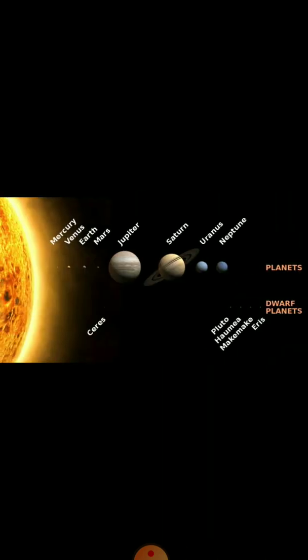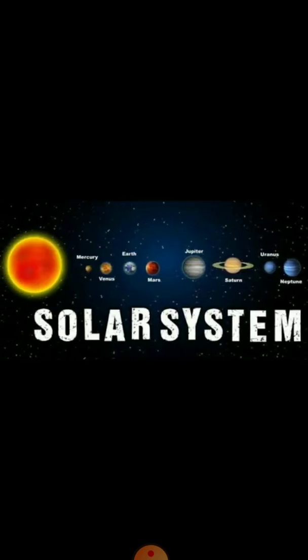All planets are spherical in shape, but they are made up of different sizes and compositions. In order of distance from the Sun, they are Mercury, Venus, Earth, Mars, Jupiter, Saturn, Uranus, Neptune, and the dwarf planet Pluto, which together are called the solar system.